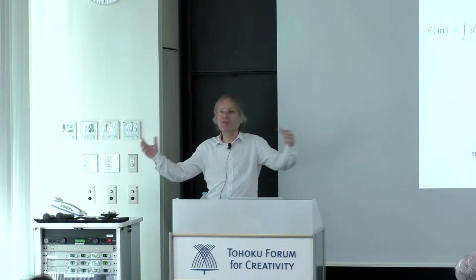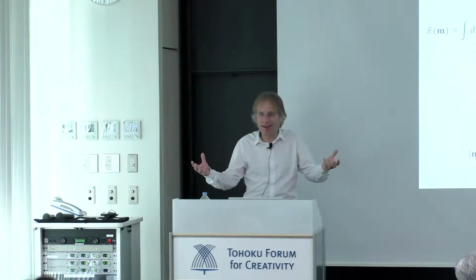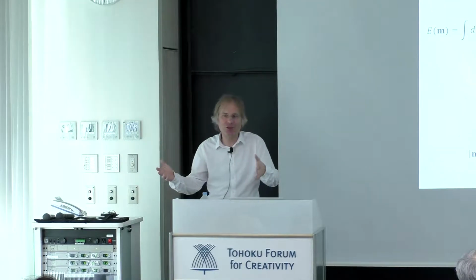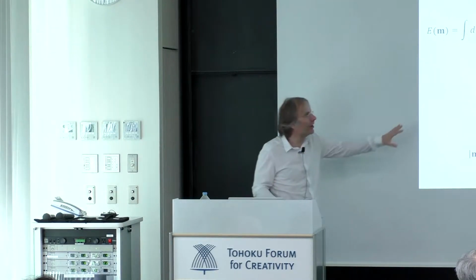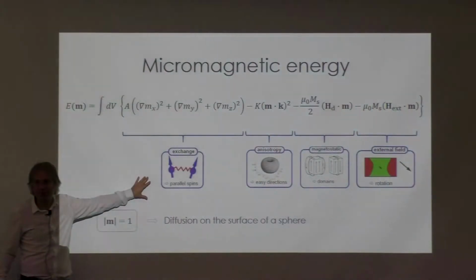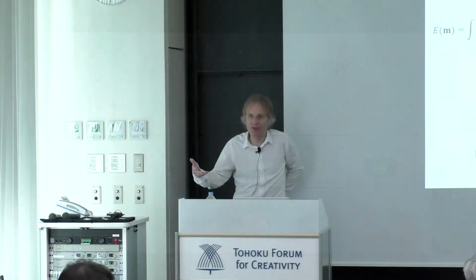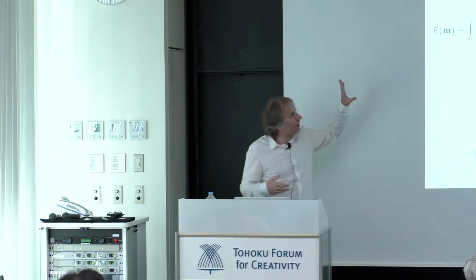Now we put all these four energy terms together, and different energy terms want to do different things, different directions with the magnetization, and it's this mutual interaction of all these energy terms which determines a magnetic state. But by using our computational tools, we can find the magnetic energy state for every applied field.